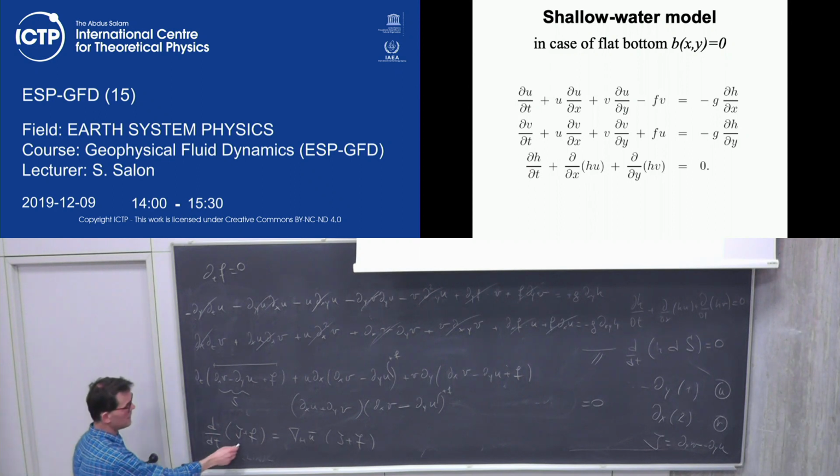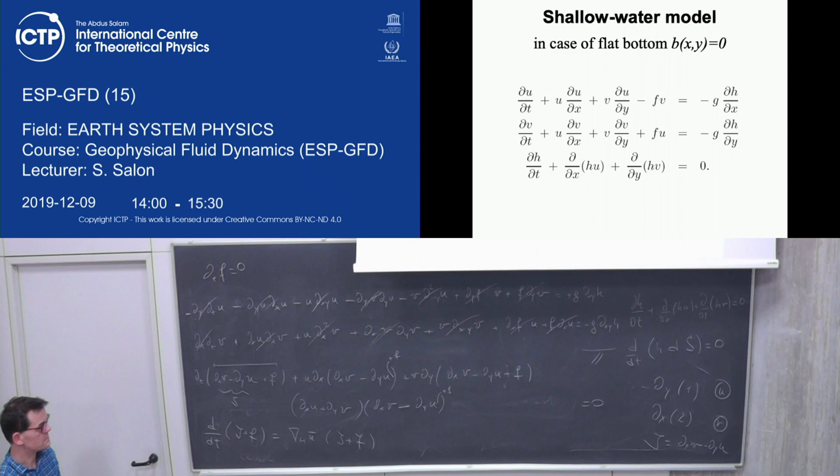So this term here is equal to the relative vorticity plus F, which is the ambient vorticity, the Coriolis term, by the way. So it's the local vorticity of the system.